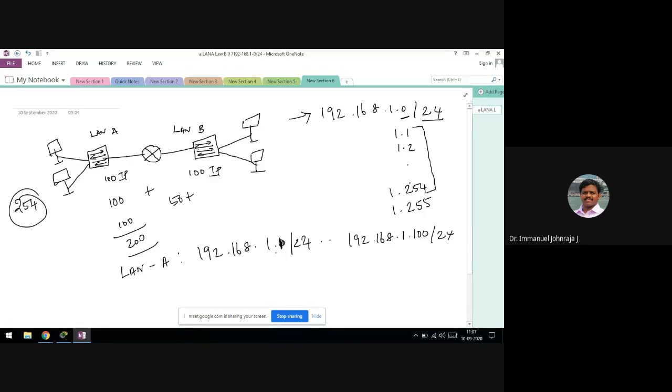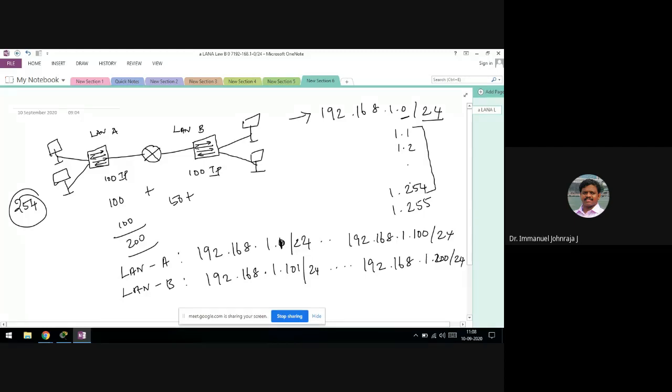Let's start with 1 because 1.0 is a network address, right? For LAN B, I have assigned 192.168.1.101/24 up to 192.168.1.200/24. So this seems to be a perfect IP assignment.